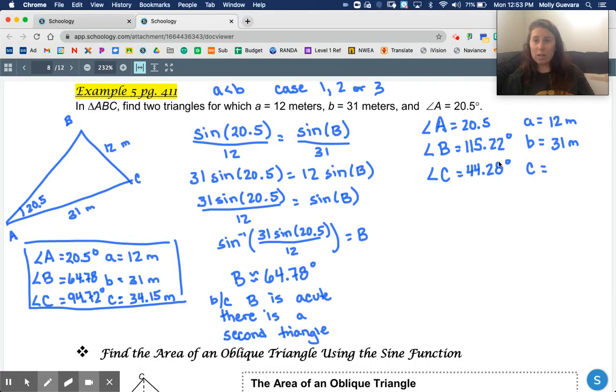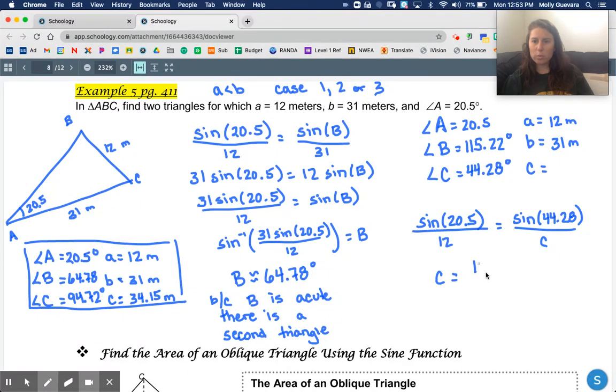And now I can just do law of sines one last time to find the side C for the second triangle. So sine of 20.5 over 12 equals sine of 44.28 over C. And again, I'm going to go ahead and just do a bunch of this in my head.